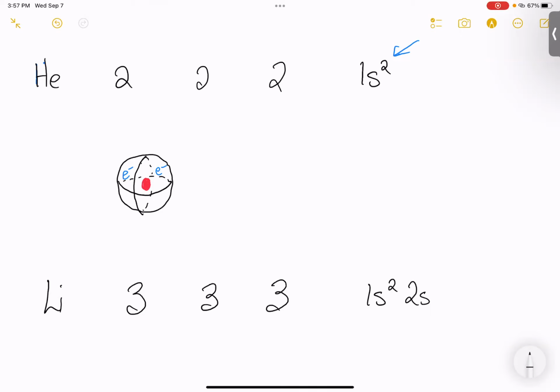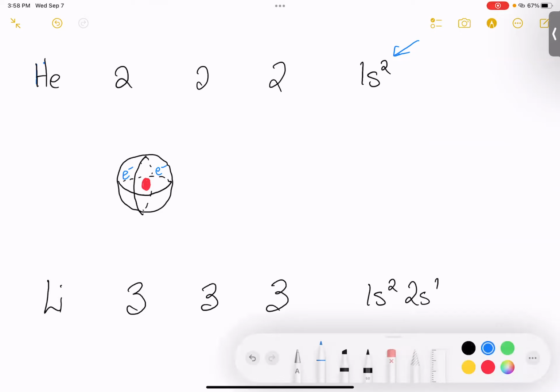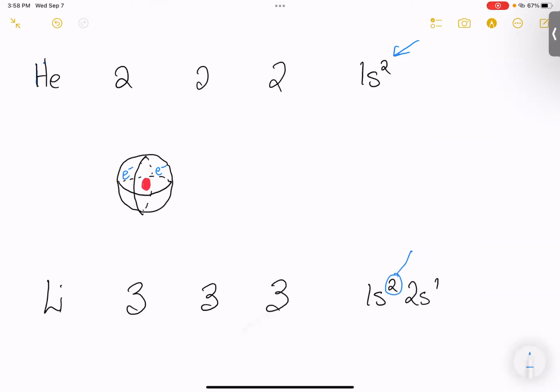And lithium is the first element in that row, so 2s1. Folks, if you will notice, if you add up the superscripts, they're always the full number of electrons.